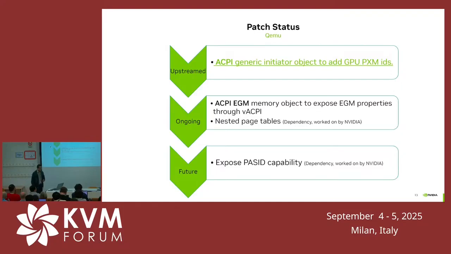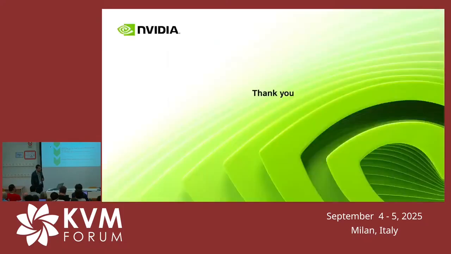Then it also has a dependency on nested page tables, which is under the works right now. The folks at NVIDIA are working on that. And lastly, the PASID capability needs to be exposed, which is also under the works right now. Yeah, that's all.